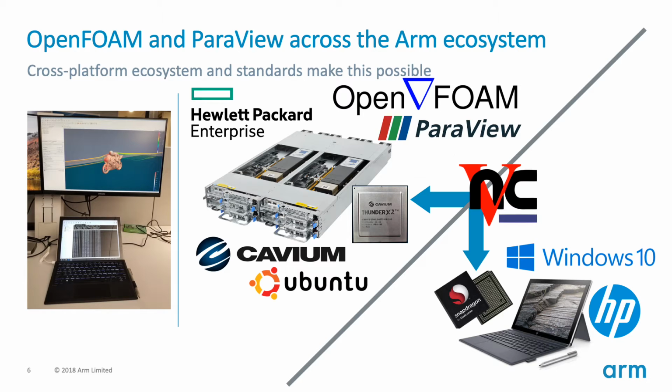So I was able to run OpenFOAM on the ThunderX2 cluster and then render ParaView in a headless configuration so that the frames were being sent over the network over VNC. And then I used ARM's Neon vector extensions to accelerate that process. On the other end of the network, I connected a Windows 10 laptop that was running the Qualcomm Snapdragon SoC. So the CPU and the GPU are actually from ARM.